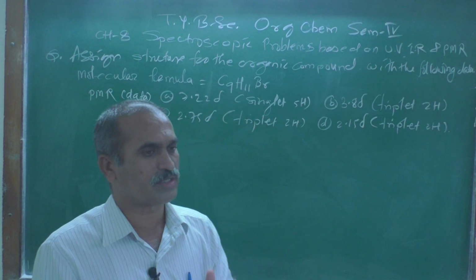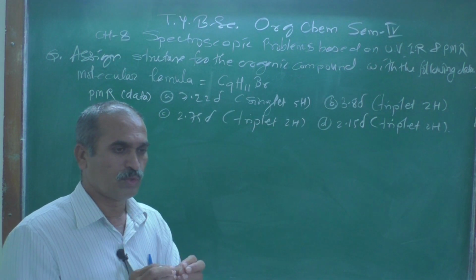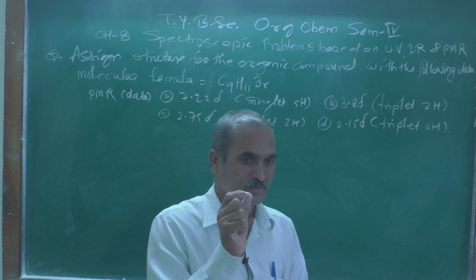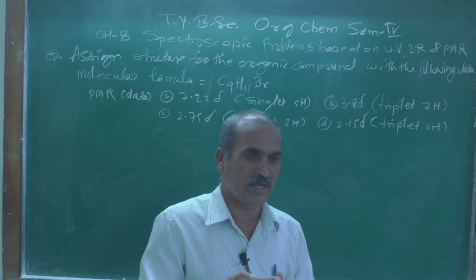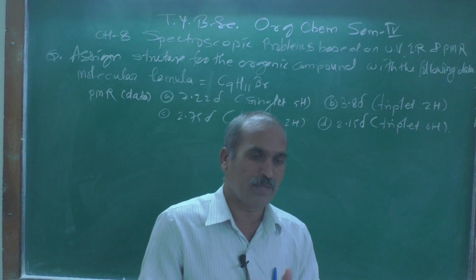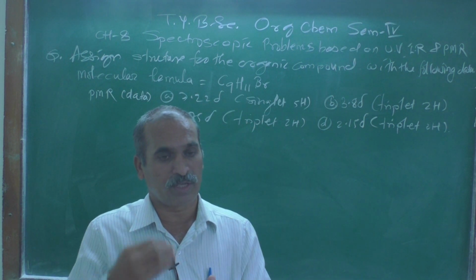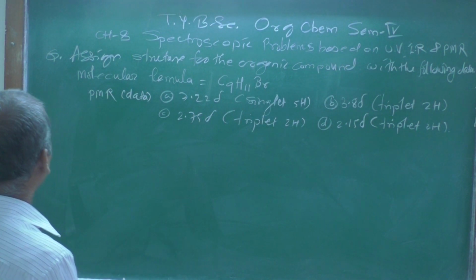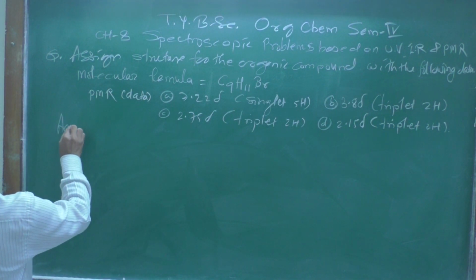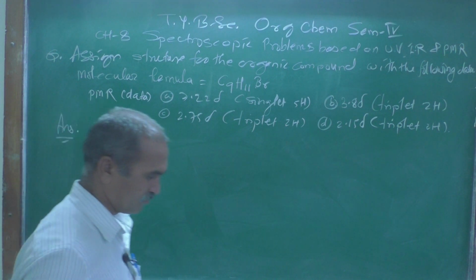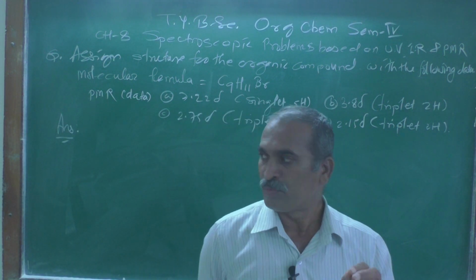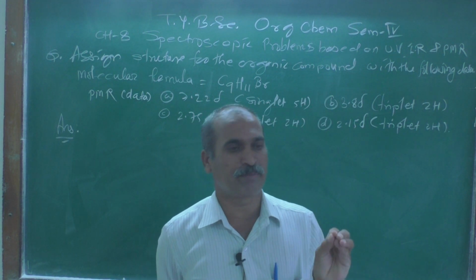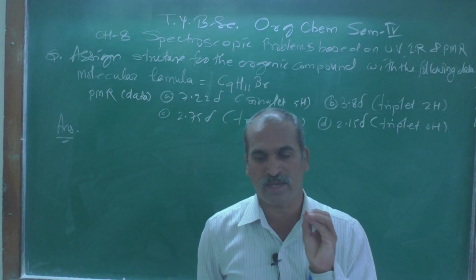Just concentrate here on how to solve. Once you know one problem carefully, then you will be able to solve problems on your own. So that is very good. Now, while answering this, what is the first important thing while solving a problem based on UV, IR and NMR?